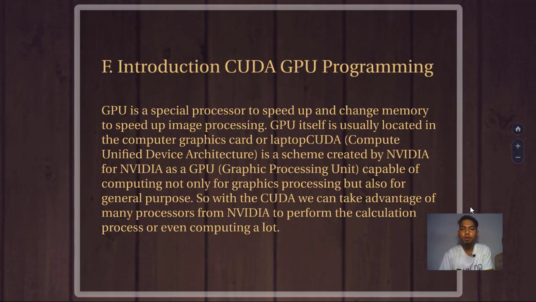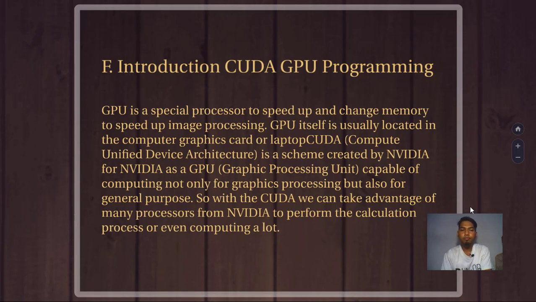F. Introduction to CUDA GPU programming. A GPU is a special processor to speed up memory and image processing. A GPU itself is usually located in the computer's graphics card or laptop.